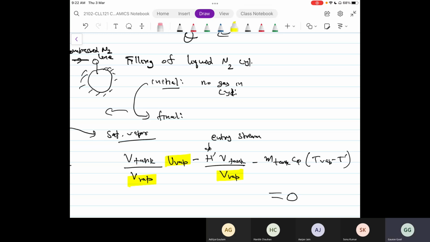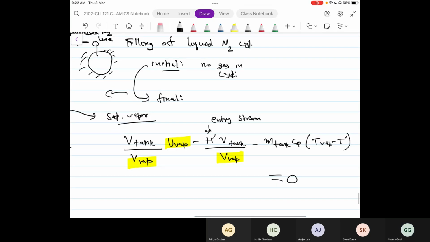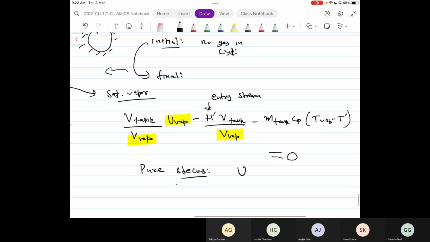So all of these properties, U of vapor, V of vapor, they are not new variables because it's a pure species. At saturation, all these are functions of temperature only.